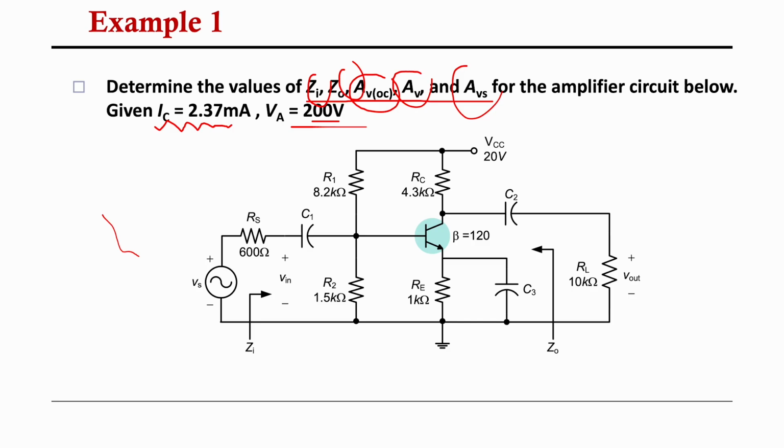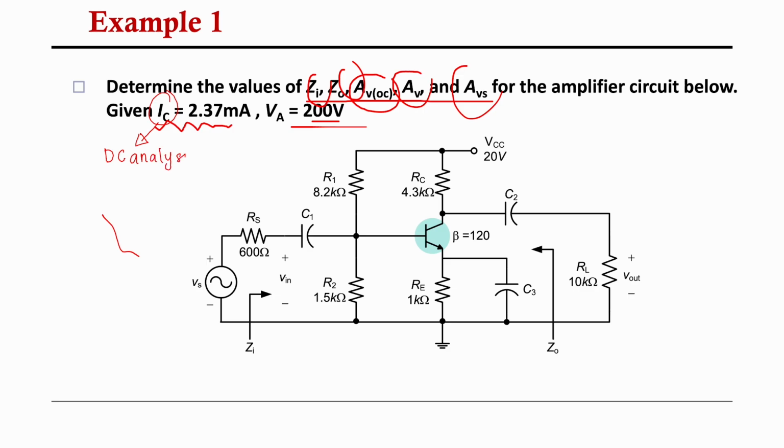So let's say the question does not provide the value of IC. If the value of IC is not provided, what you can do is determine it using the DC analysis.